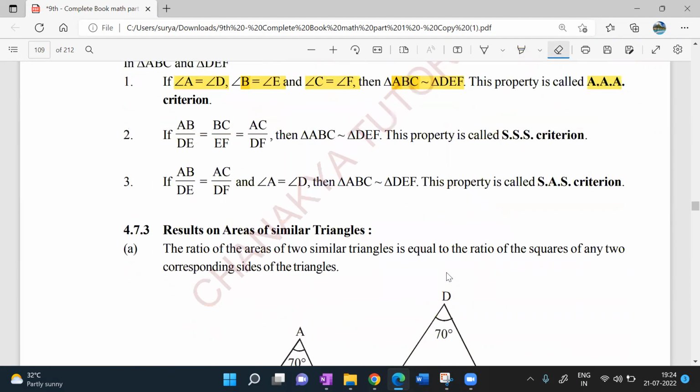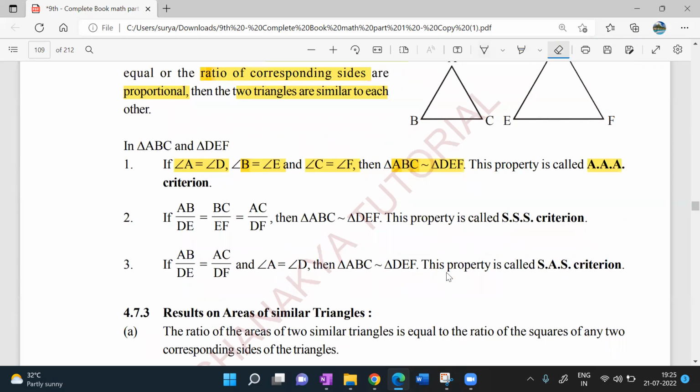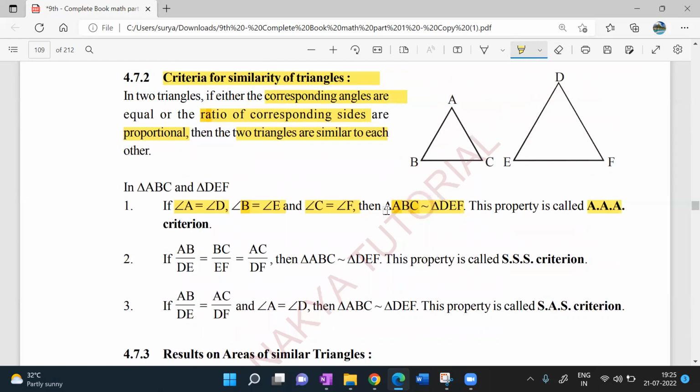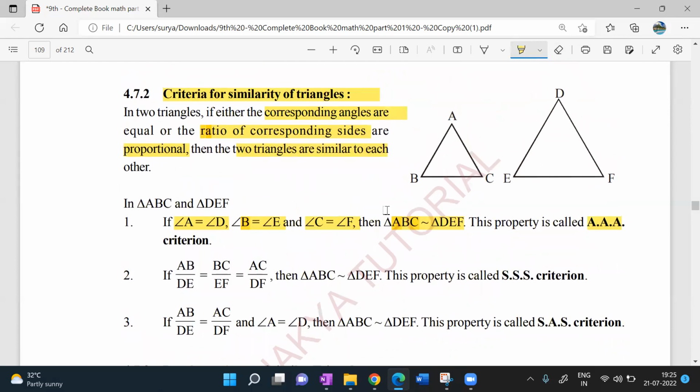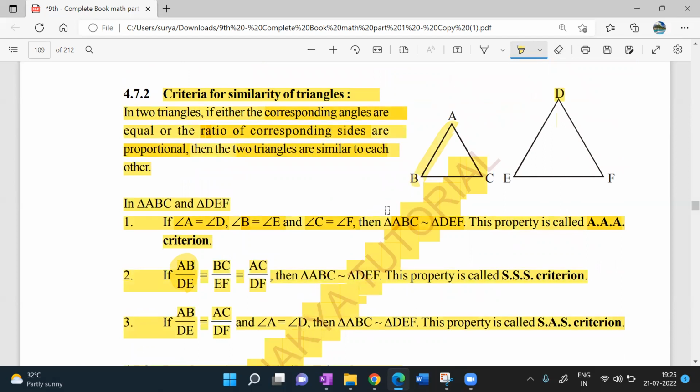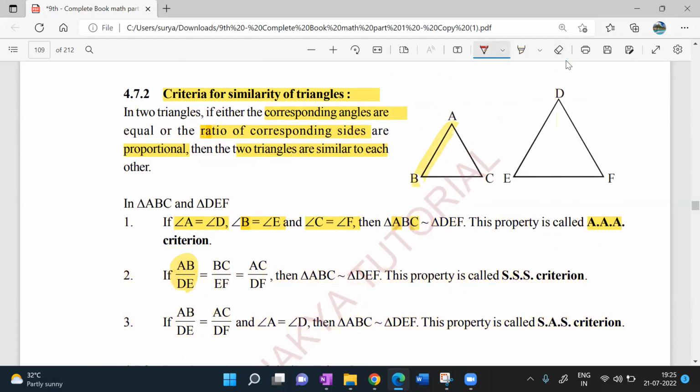Sir, in that example, like AB is equal to AC? No, no, it is not like that. The ratio is equal. I'm talking about the ratio AB by DE. This ratio has to be equal to this ratio, and AC by DF.